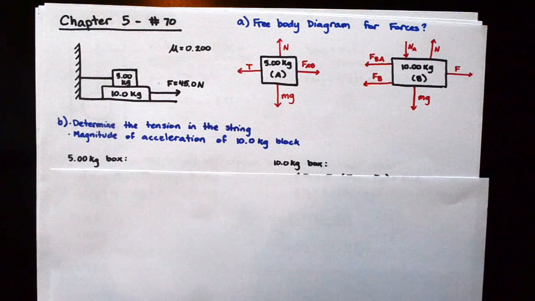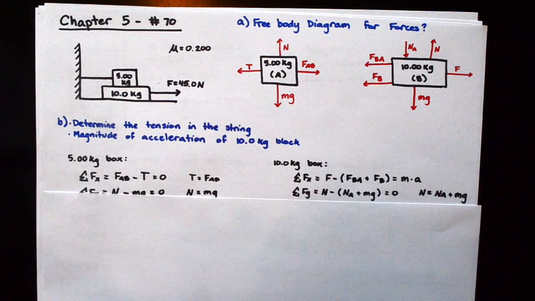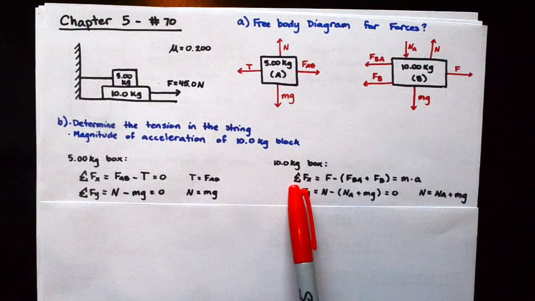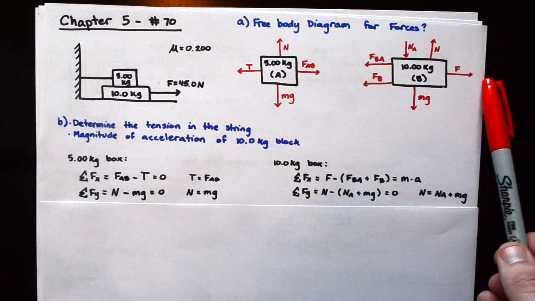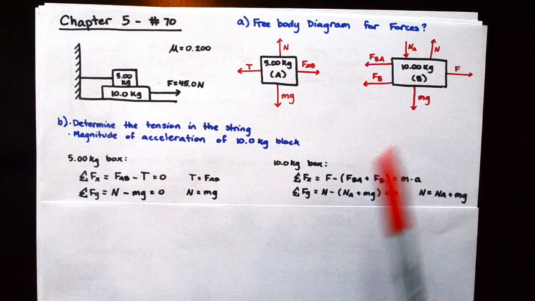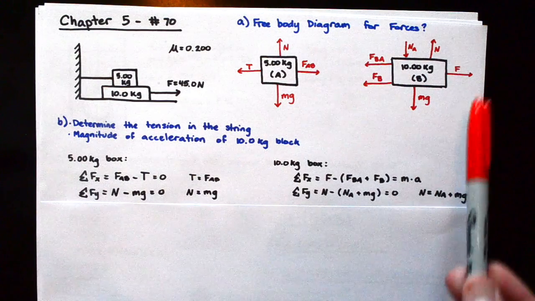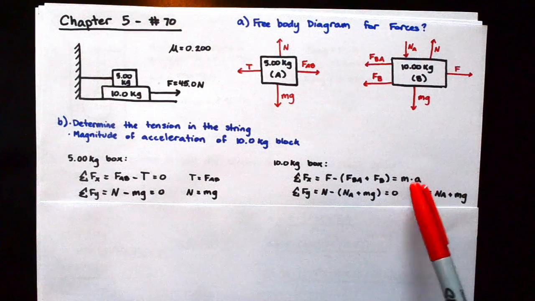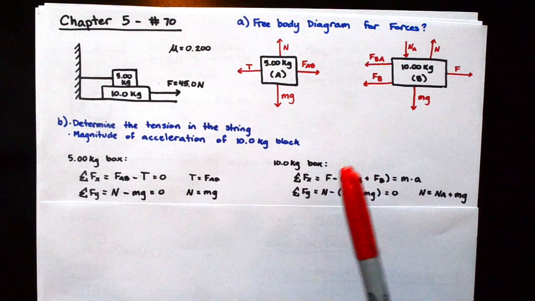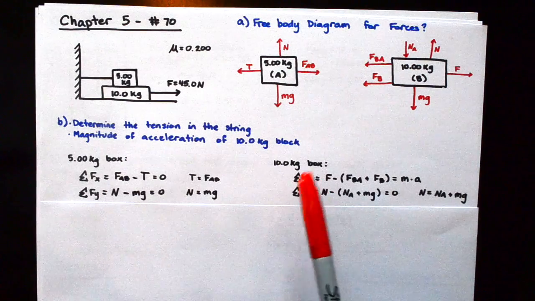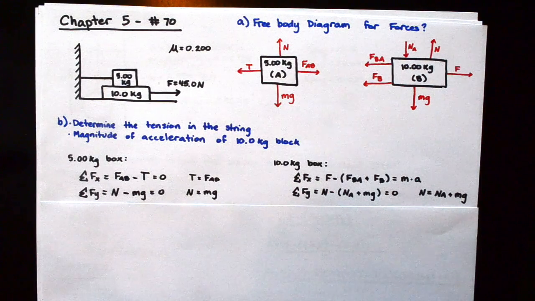For the magnitude of acceleration for the 10 kilogram block, we're going to do something very similar. The forces in the x direction are going to be your 45 newtons, minus your force of BA plus your force of B, which is going to equal mass times acceleration, because the go-to equation is force equals mass times acceleration.